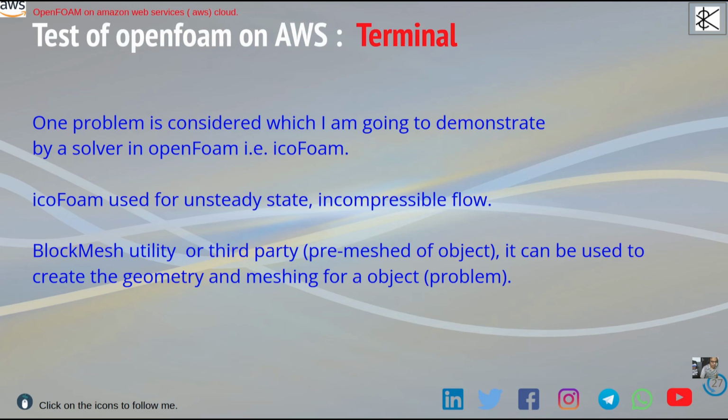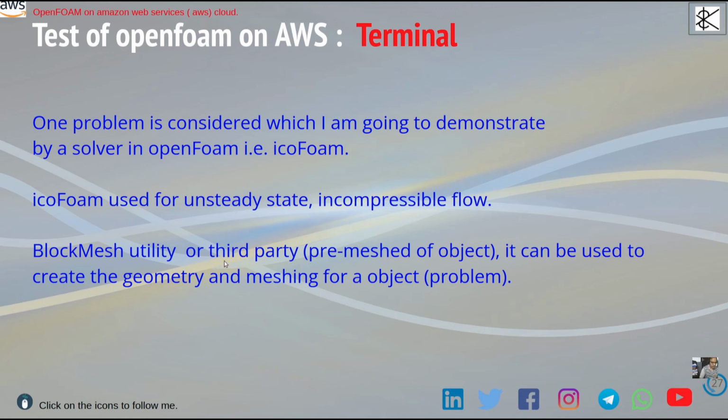Now suppose I want to test one thing. One problem we can consider, which I am going to demonstrate, is solving with a solver in OpenFOAM, icoFoam. icoFoam is a solver used to solve unsteady-state, incompressible flow.